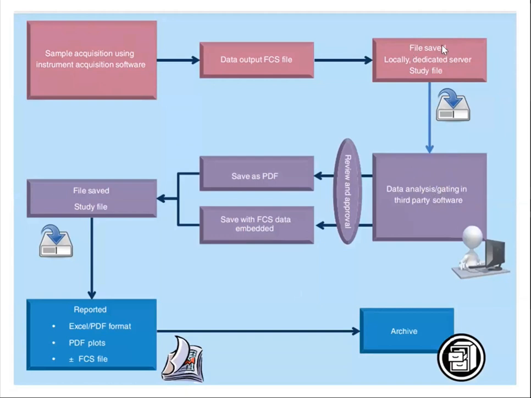Again, you can analyze in the same acquisition software, but we normally analyze in third-party software, which has extra advantages and features. Then we analyze that, and then we save the PDF of the report. That PDF will be uploaded in the LIS, and then it can be dispatched, and a copy of it will be archived. So that's how our lab works. Most of the labs work in the same manner.